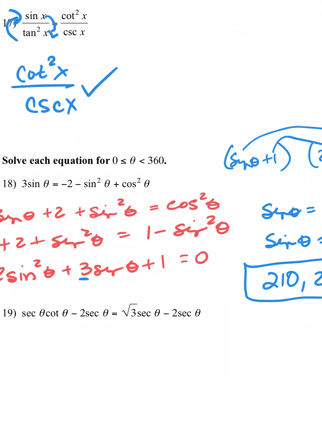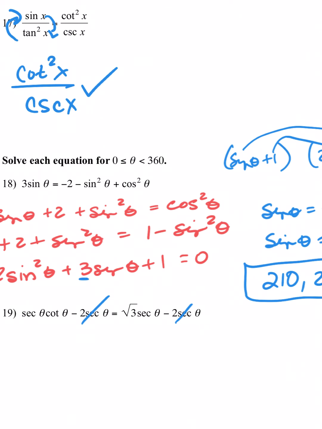So this next one looks very complicated, but it really isn't. I see on each side of the equal sign is a negative 2 secant of theta. So if you have 1 on each side, once I add that 1 and move it over, they're going to go away.